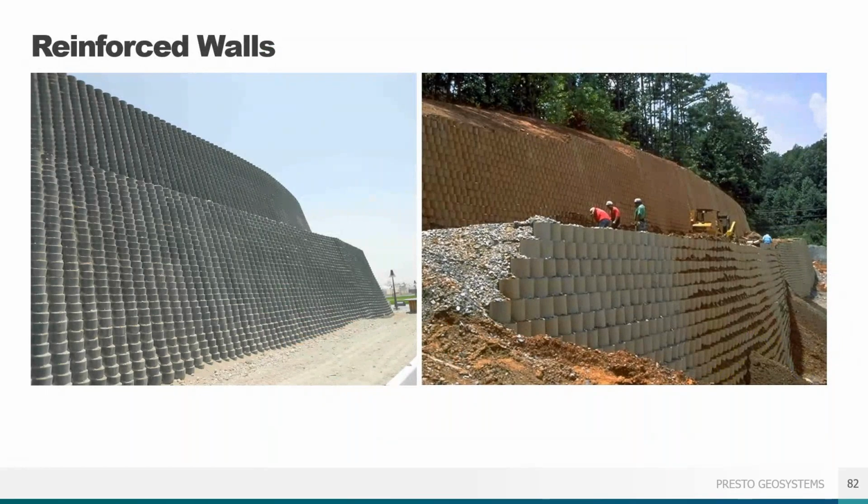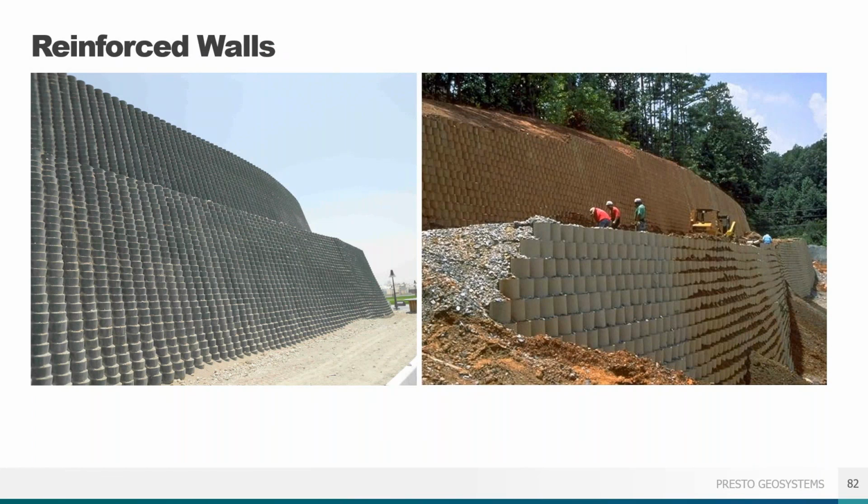And while reinforced walls are not limited in height, it's a good technique tip to use multiple tiers of shorter height walls. Here we see some examples of those tiered walls rather than a single wall tier. This is because the length of the reinforcement may become too great with just a single tier.